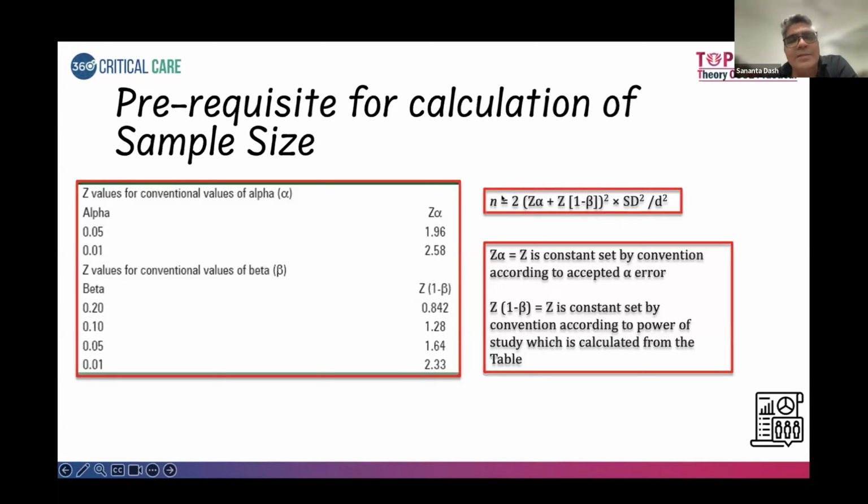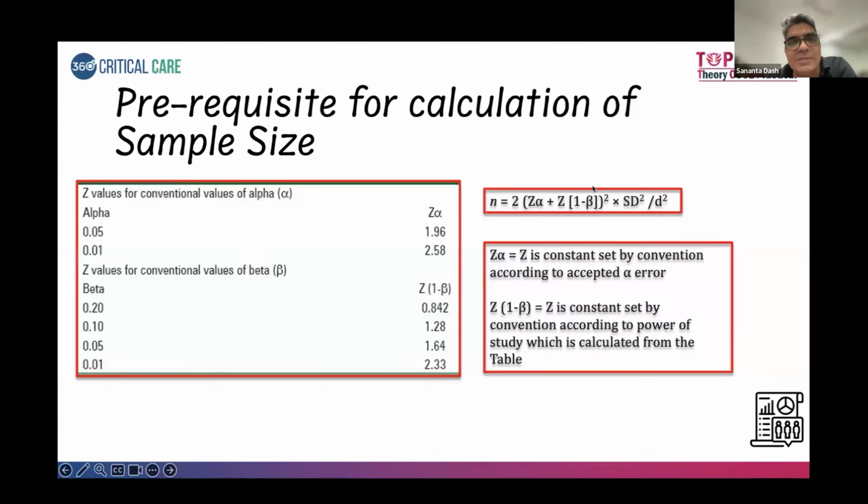The Z alpha and Z 1 minus beta are constants set from this table based on what type of significance you want. Suppose you have an alpha error of 0.05 fixed in your study, then your Z alpha is 1.96. And if you fixed your beta error as 0.2, then your Z 1 minus beta is 0.842.